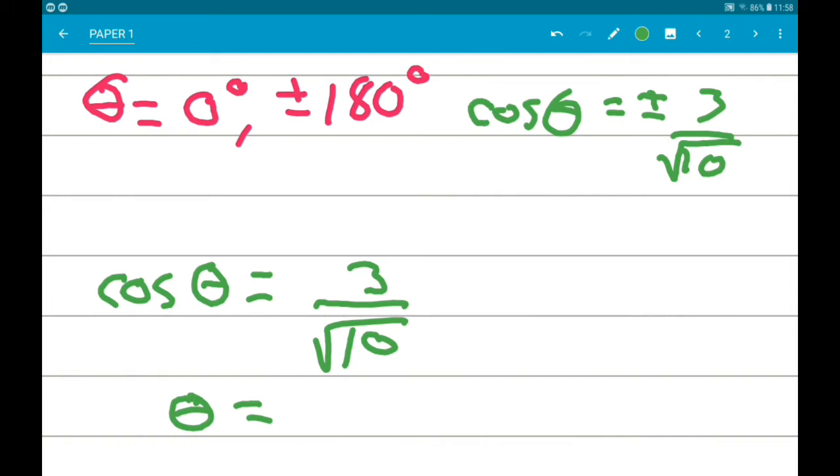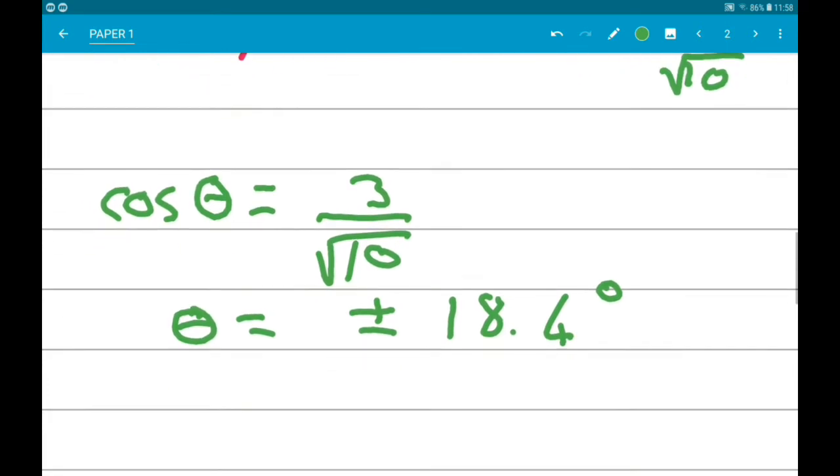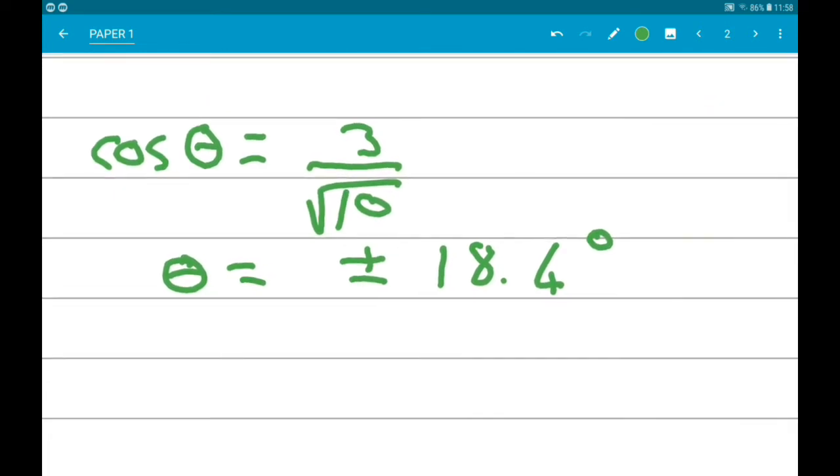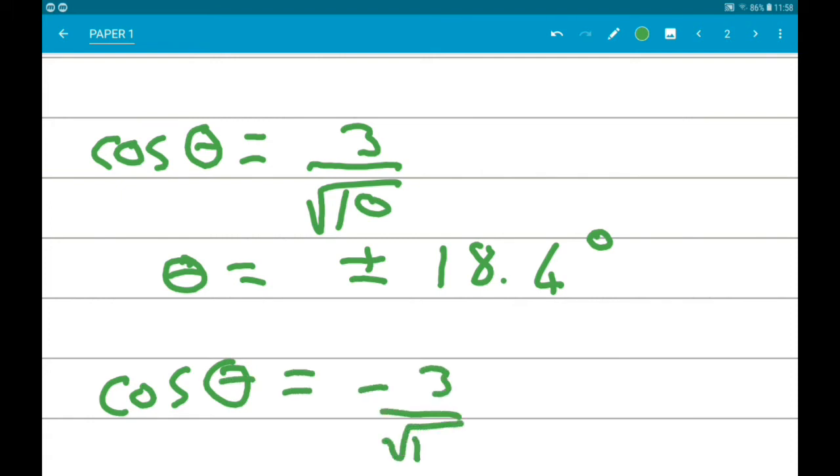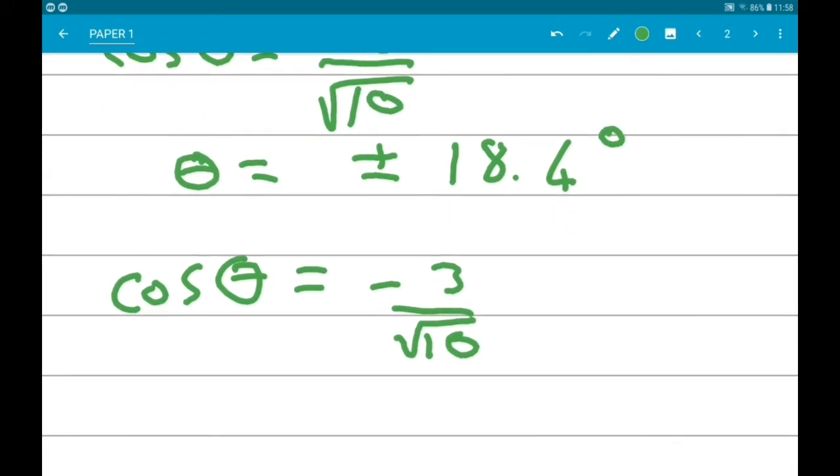So it's positive or negative 18.4. Okay, and then when cos theta is minus 3 over root 10, that's going to give us theta is 161.6 degrees.